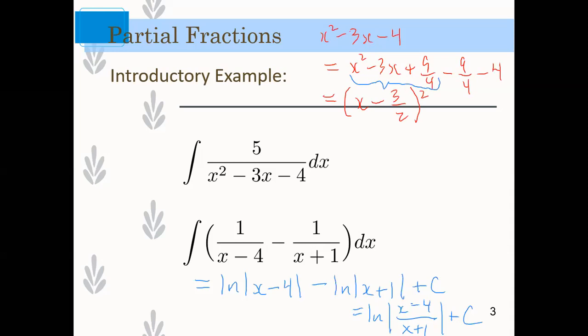And then what do I have left? Minus 9/4, minus 4. 4 is the same as 16 over 4. So this is going to be minus 25 over 4.